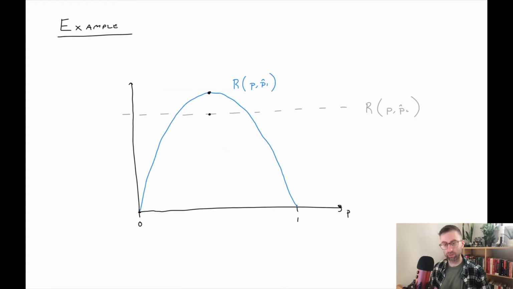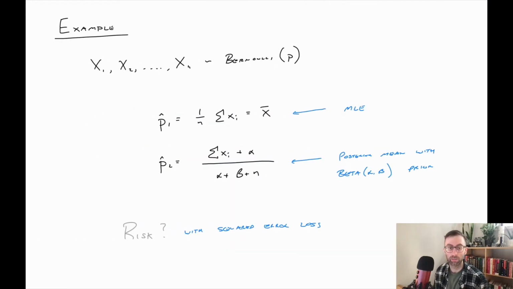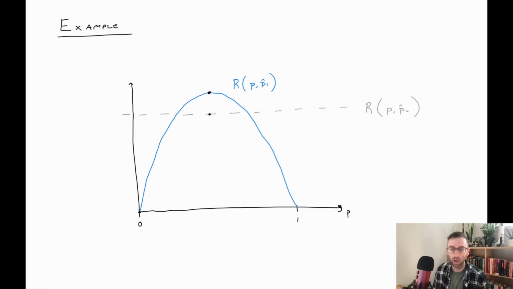Long story short, this picture is more informative, but often we like a one number summary. Basically, the first estimator is better when you have large or small p. The second estimator is generally better when you have a p closer to 1/2. And that again is because the way this estimator works, this p2 hat here, is kind of biasing the results towards certain values. And that has advantageous properties if the true value p is close to those things. Okay.